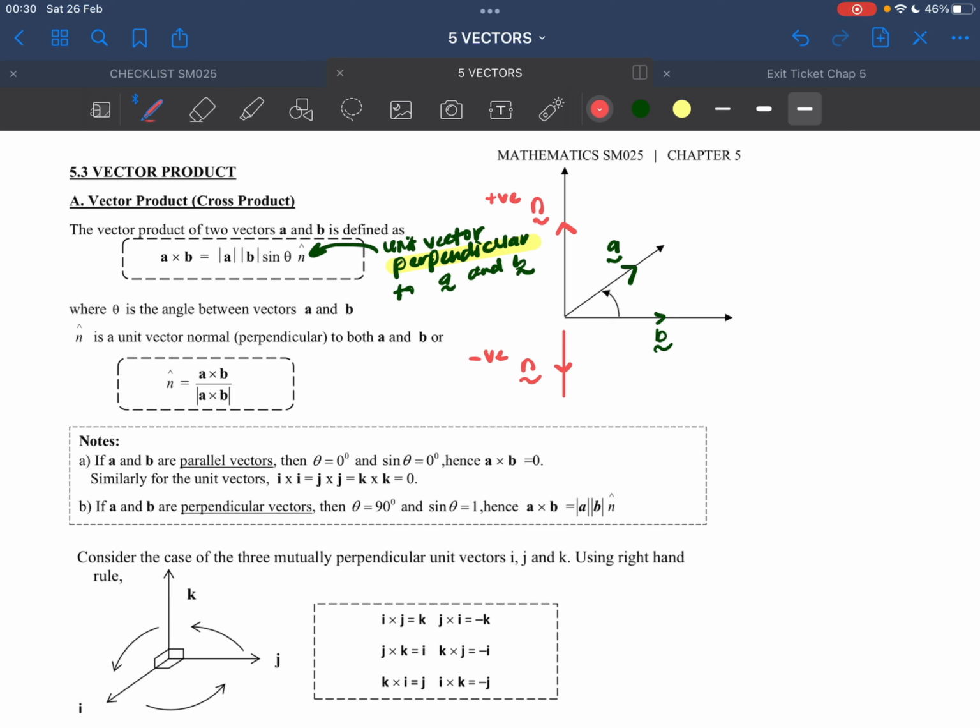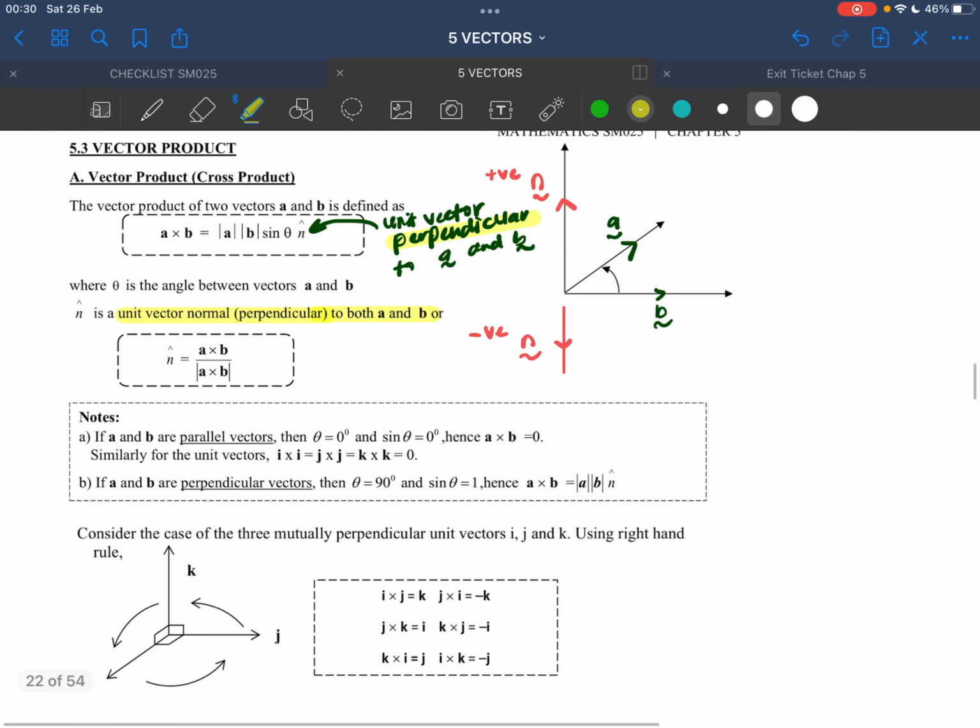That means if we cross A and B, we can get a positive normal or a negative normal, depending on the direction given by the right hand rule. So we have a unit vector normal, or perpendicular, to both A and B. The keyword is perpendicular.